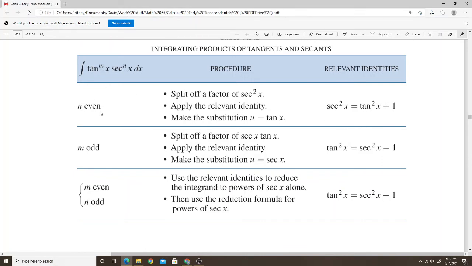So in particular, n is even, right? And so we split off a factor of secant squared and then make the u substitution u equals tangent x. Here's our relevant Pythagorean identity: secant squared is tangent squared plus 1. So we're going to split off a factor of secant squared, rewrite the rest of our secants in terms of tangent if we have any others. Oh, we will. And then make this substitution.